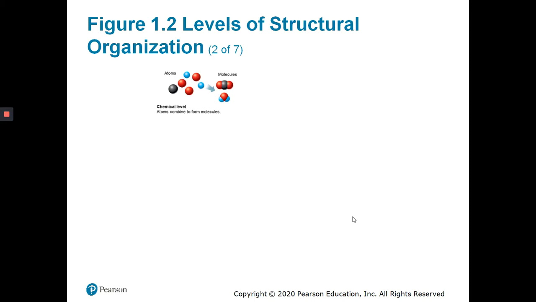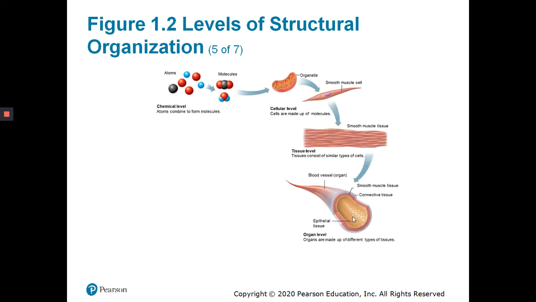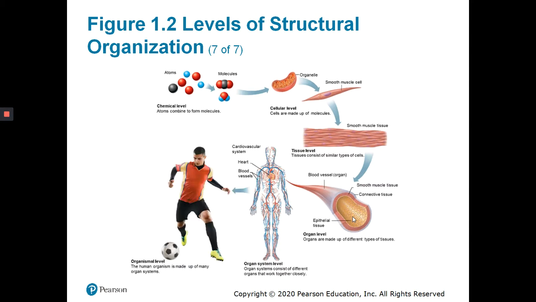So again, atoms form molecules, molecules form organelles, organelles form cells, cells form tissues, tissues form organs, organs form organ systems, and then that eventually leads to the entire organism. Right? So make sure you know these levels of structural organization. Again, I promise you will see this on the test, your first test that we're going to have.